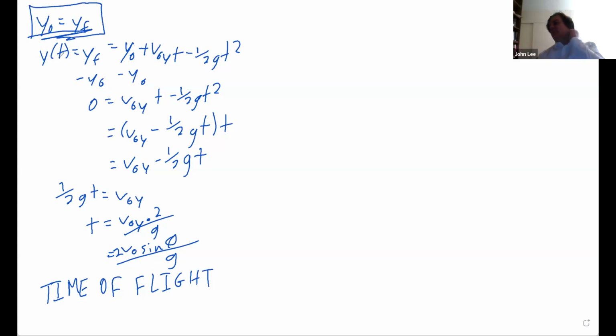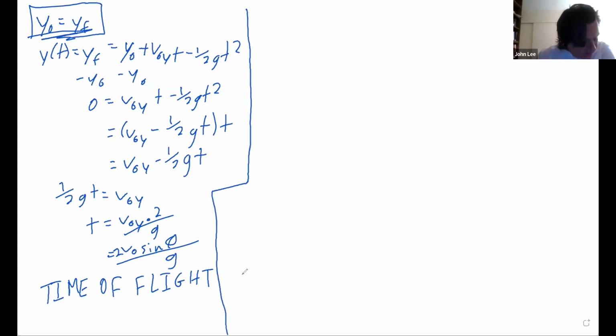So in the special case where you're on straight ground and you're seeing how long it's in the air and how far it goes off. The trajectory is another thing that we use, where we just substitute in for x of t.